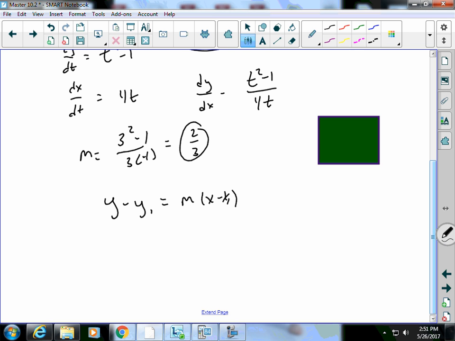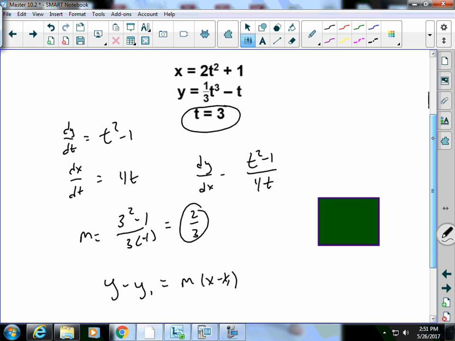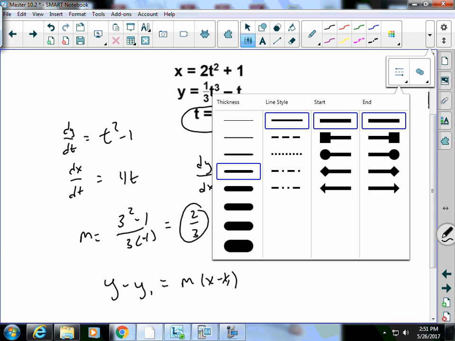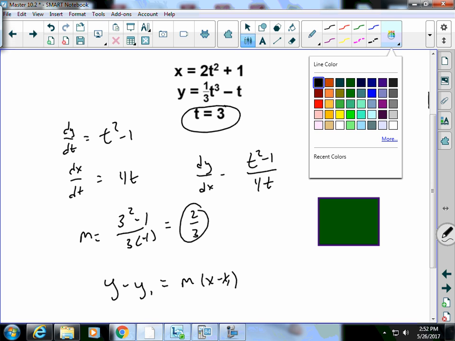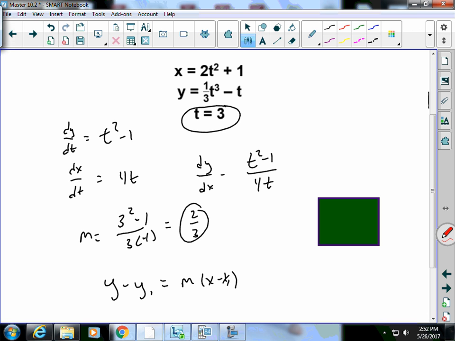First of all, I need to find the point, sorry. I know that x is equal to 3 times 3 squared plus 1. That's going to give me the x value, and it turns out to be 19. And y is equal to 1/3 times 3 cubed minus 3, and that turns out to be 6.